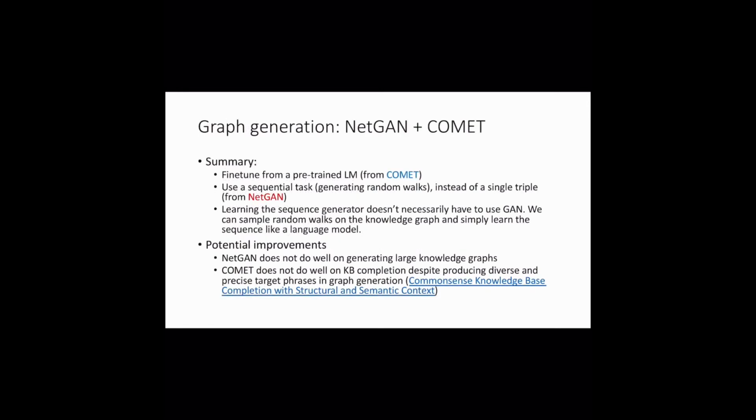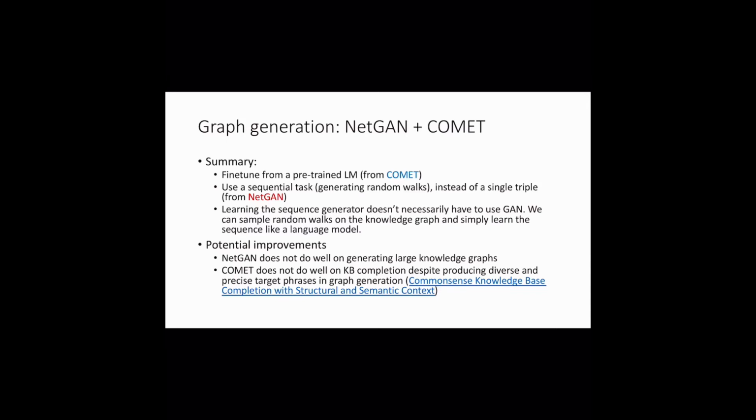To summarize, the proposal is to take a pre-trained language model like GPT-2, like in Comet, and apply it to a sequential task of generating random walks in a knowledge graph instead of a single triple, borrowing the idea of NetGAN. To train the sequence generator, we may or may not use the GAN setup and simply use a next step prediction task like in language models.